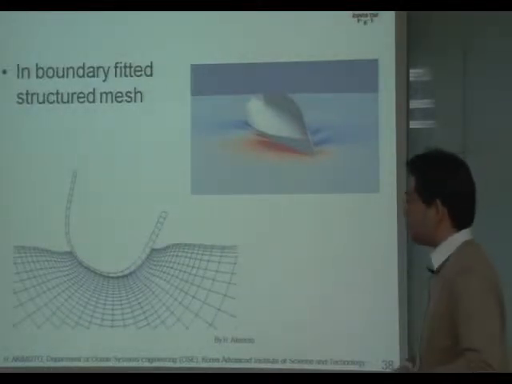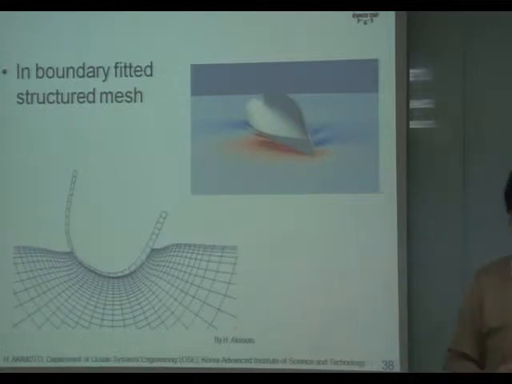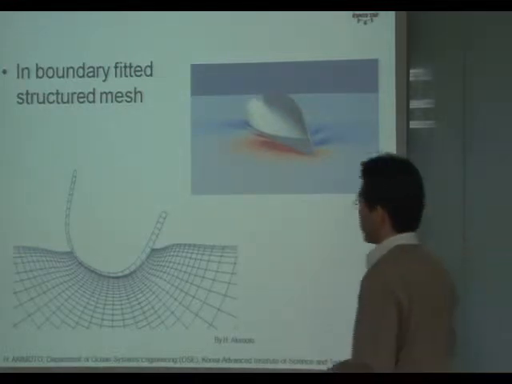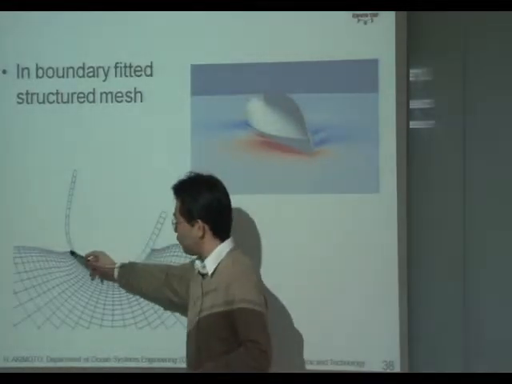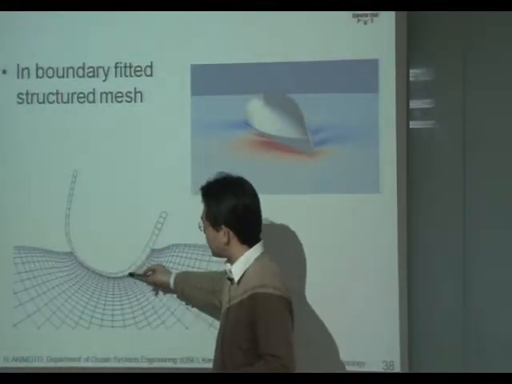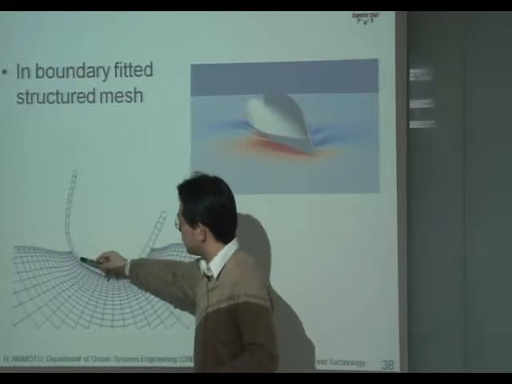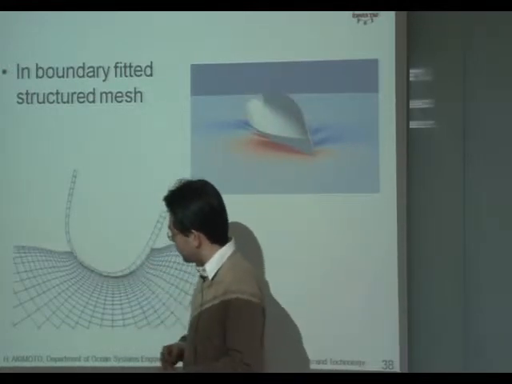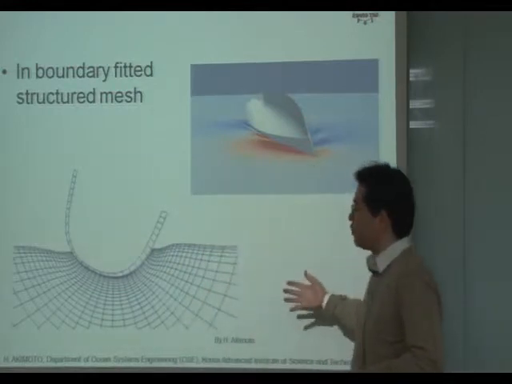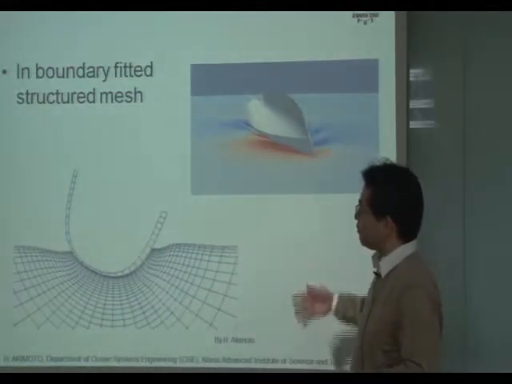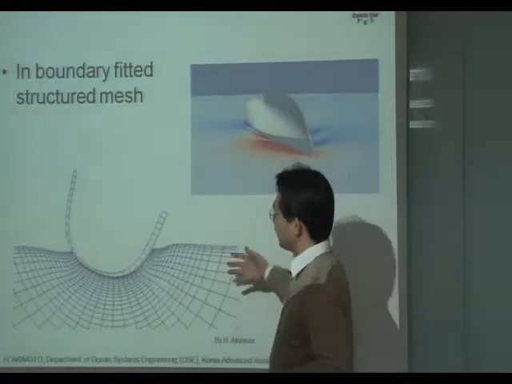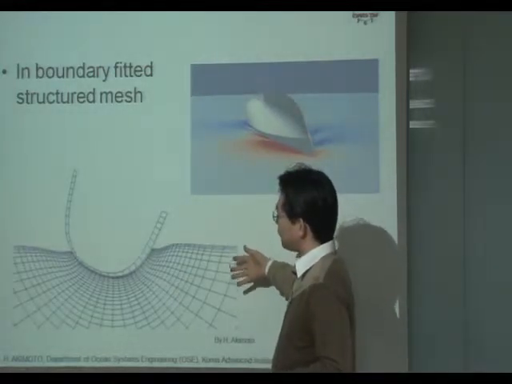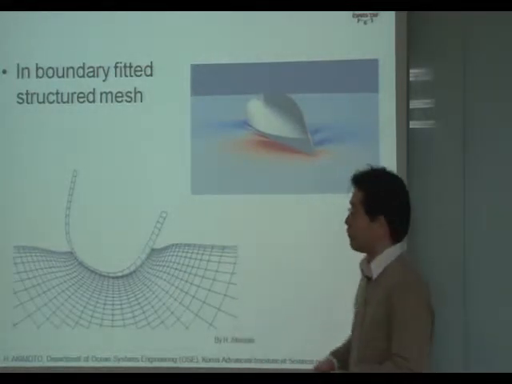It is also possible in boundary fitted coordinates. In this case, the mesh is fitted to the surface of the sailing boat. Although it is shown in a two-dimensional shape, actually it is a part of a three-dimensional mesh.